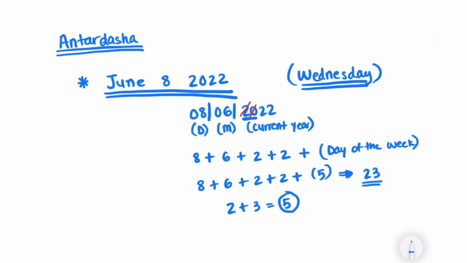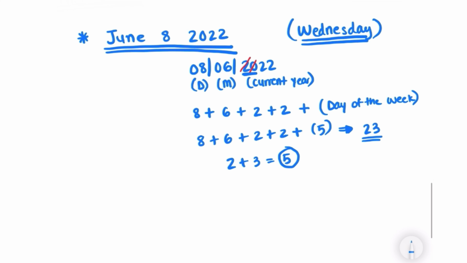So from this birthday on June 8, 2022 till his next birthday on June 8, 2023, this person's Antardasha will also be of Mercury. Okay, so Mahadasha we knew it was 5, right? Mercury. On every birthday, the Antardasha changes.